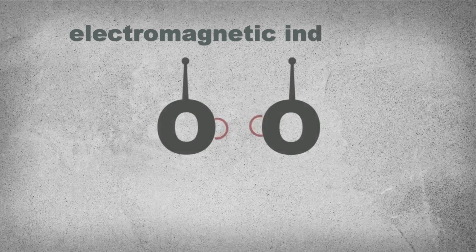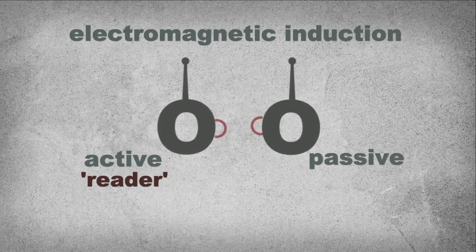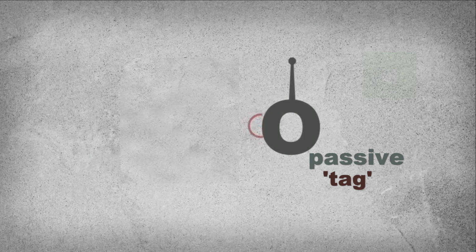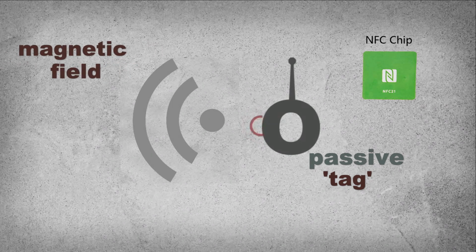NFC works through electromagnetic induction. It includes two devices, the active device and the passive device. The active device performs as a reader, while the passive device performs as a tag. Each passive device has an NFC chip inside. This chip could generate an electromagnetic field.